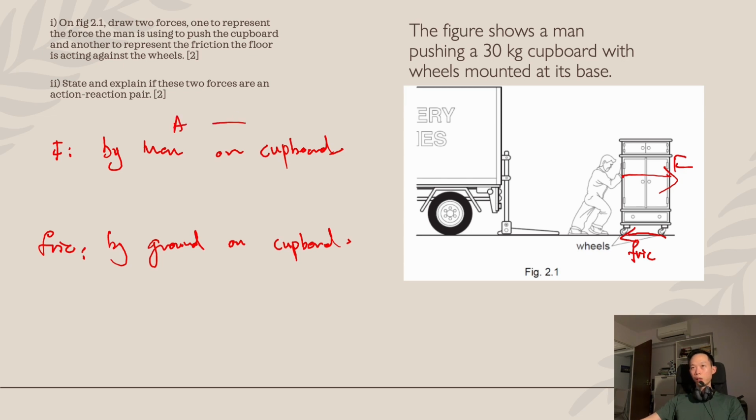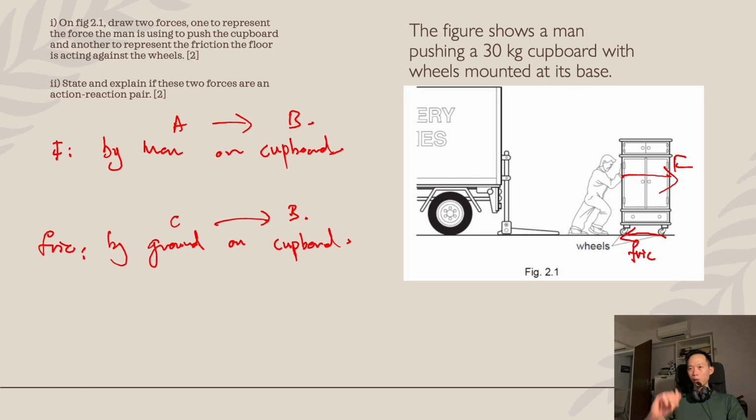So this is A exerting on B. This one is a third object, C, exerting on B. So from here you can see it doesn't fit into the scenario of body A exerting a force on body B, and body B exerting a force back on body A. So these two forces are not an action-reaction pair, even though they are opposite and maybe also of the same magnitude.